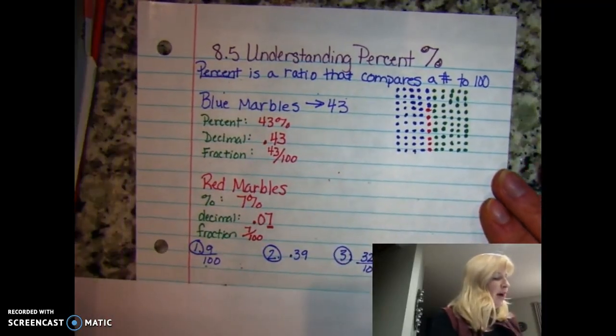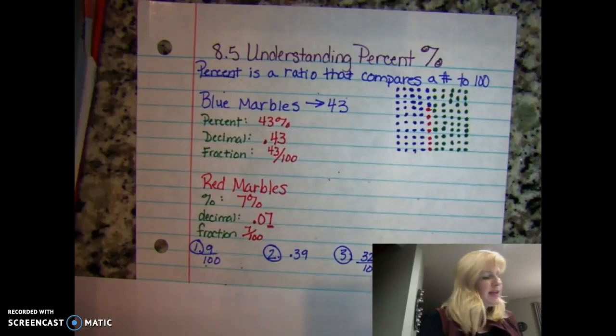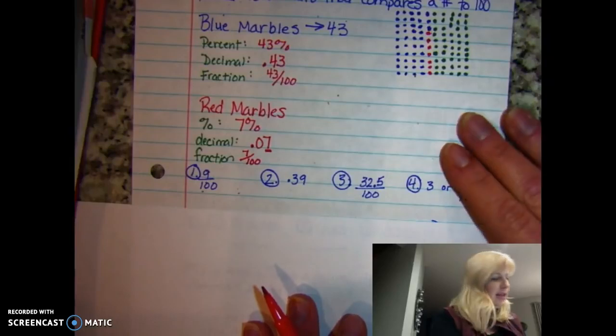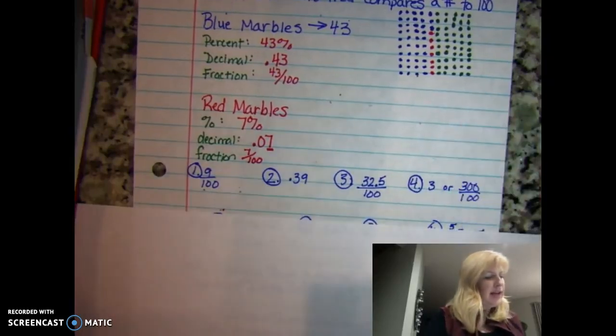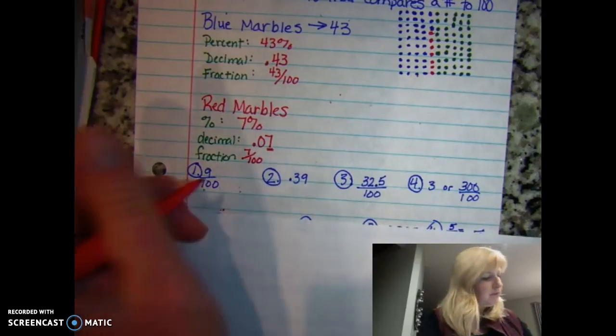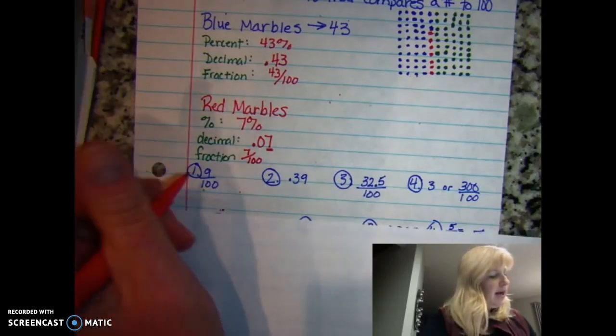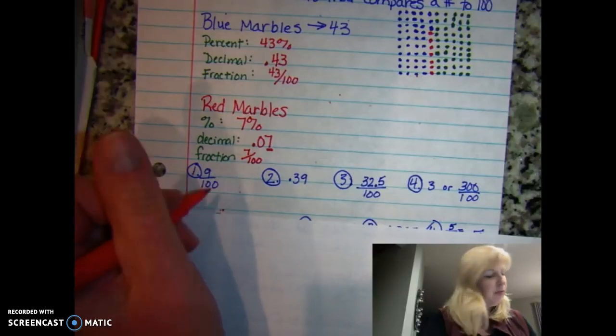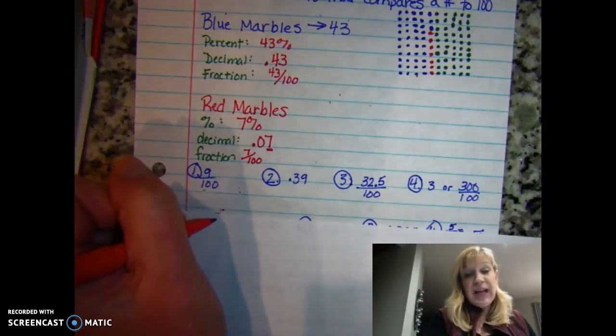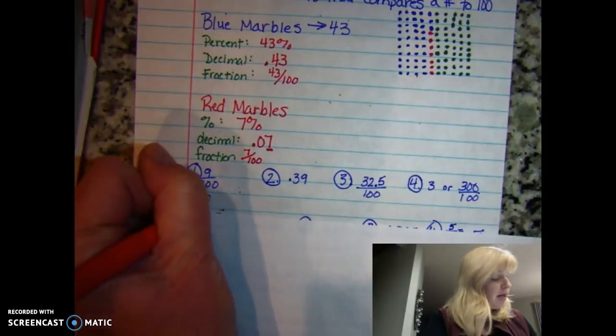Okay, would you try to write each of these as a percent? Scooch it up so that you can see, and just write your answer below the one that you see. I'm going to keep going, and if I say 9 hundredths, if I were to write that in words, it would be 9 hundredths, but I'm going to write 9%.